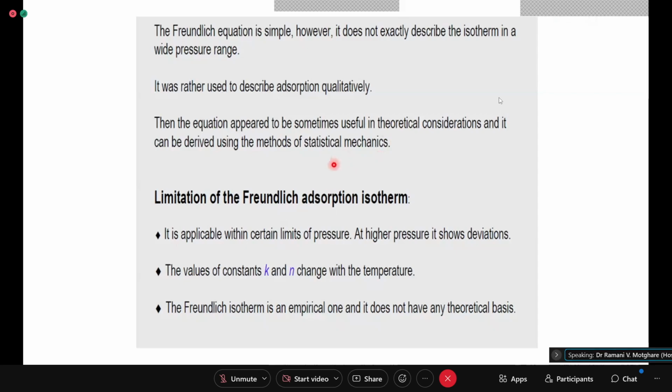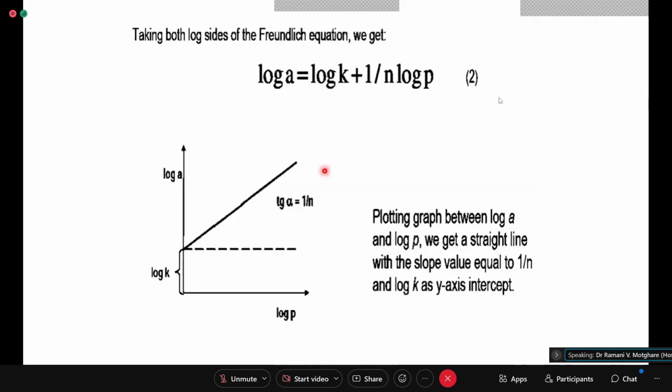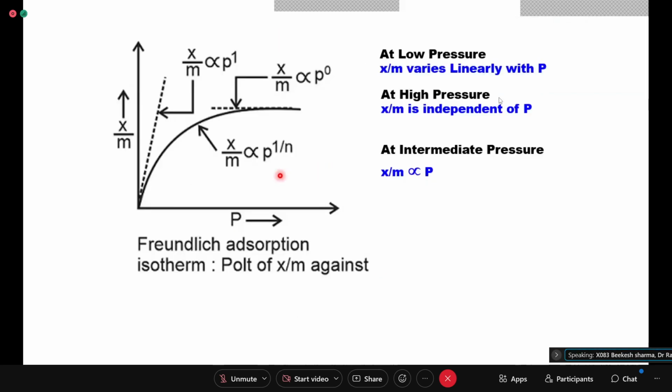Do you still have any doubt? Should I go to the earlier slide, ma'am? I am asking that X upon M starts from 0. Here the concentration, the pressure, is also 0, no? With increase in pressure, X upon M will start increasing.